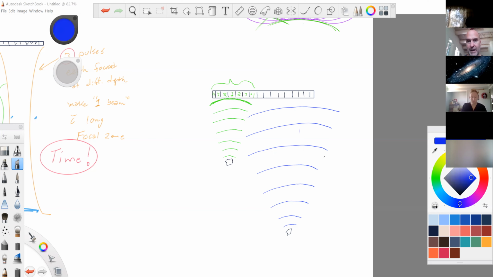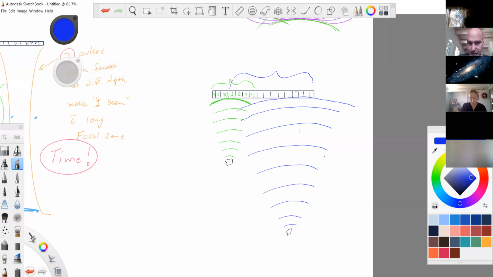Then we have this guy, where let's draw the last one again. Realistically, let's just say all of those elements are going to be stimulated by that one.